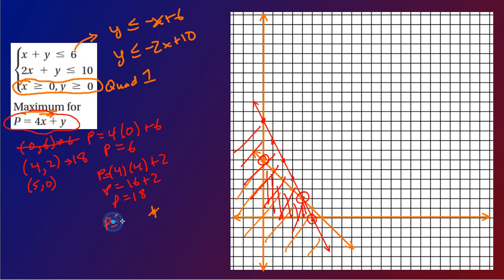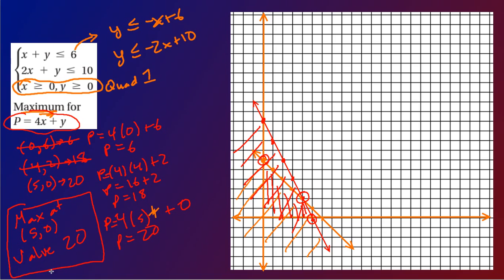P equals 4 times 5 plus 0, 20. So this one gives me 20. So this one's the answer. So what's my answer? I would say that the maximum is at 5, 0 with a value of 20, because that's what I get in my objective equation.